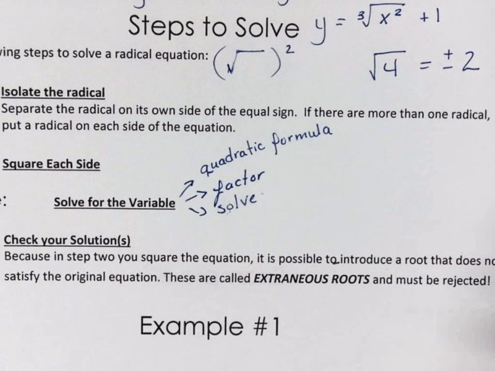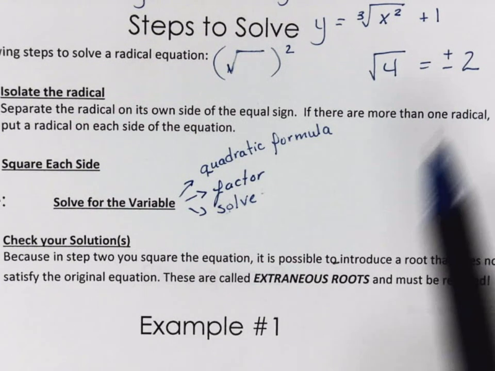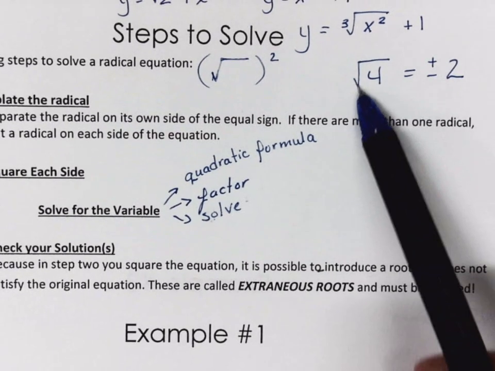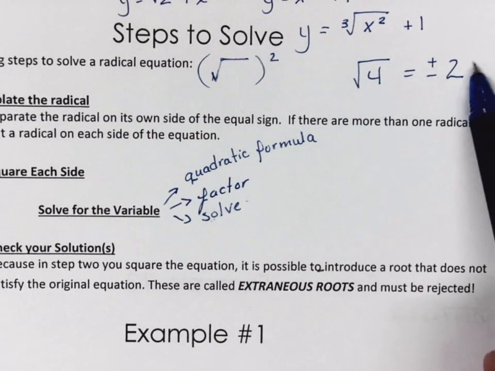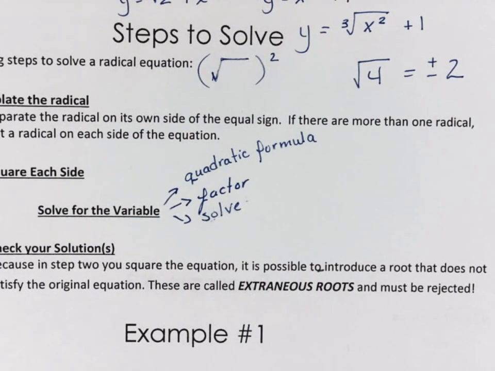Sometimes when you square something or square root it, you're going to get an answer that's mathematically correct, but doesn't actually work because of a restriction, like a non-permissible value. That's why we call them extraneous roots. Extraneous roots mean it does not work, and they have to be rejected.